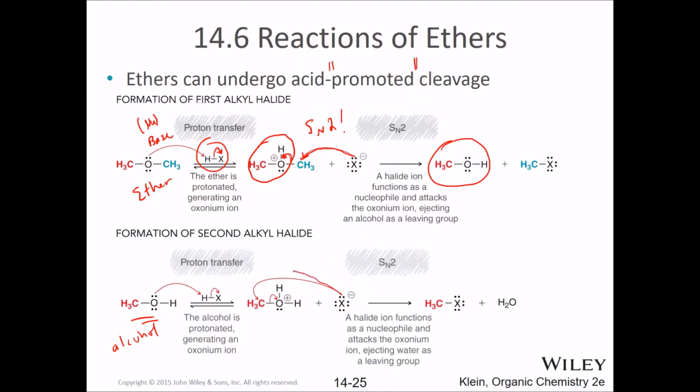All right, and so we get boom, and the leaving group leaves, water. Okay? So we end up with two equivalents of methyl halide. All right. You should practice that mechanism. That's going to be great review from Organic 1. It's also Organic 2. There's about 3 things you'll get from that if you practice that mechanism.